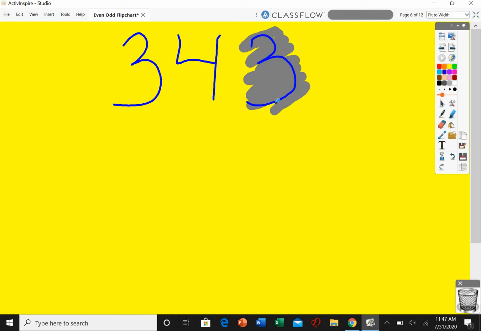That's in the ones place. And that's the only one that I need to worry about. I'm only going to have to draw 3 instead of 343. I only need to worry about what's at the end down here in the ones place. So I just need to draw 3 to tell if 343 is even or odd.